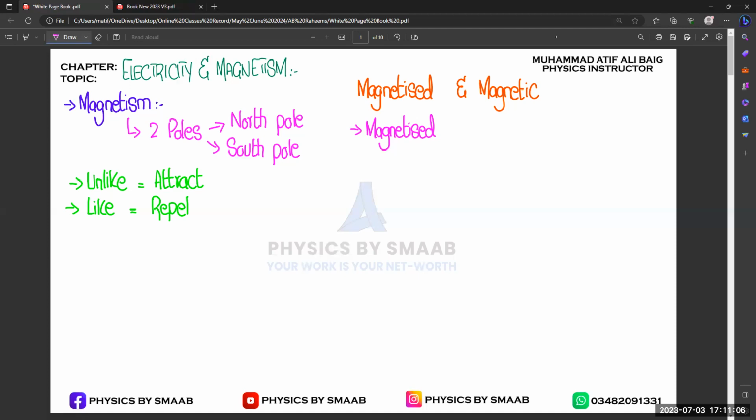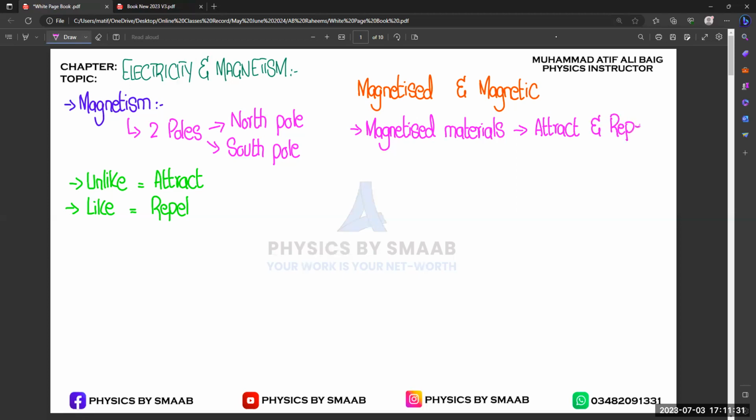Magnetized materials can easily attract and repel. It means they have both properties, attract and repel, just like a simple magnet.